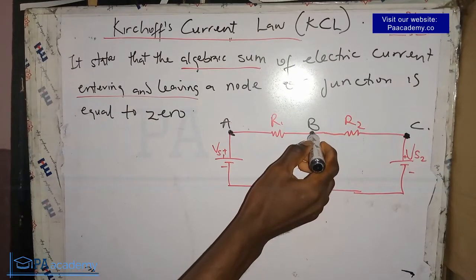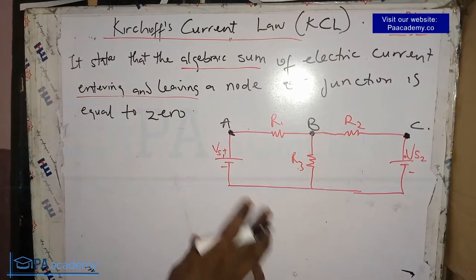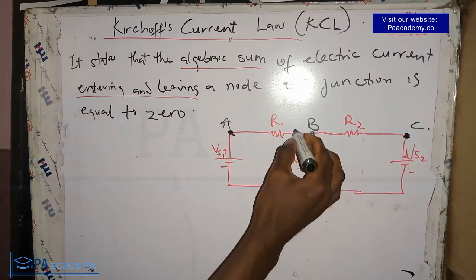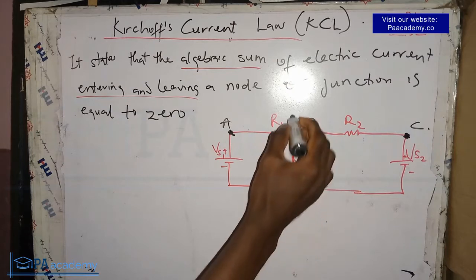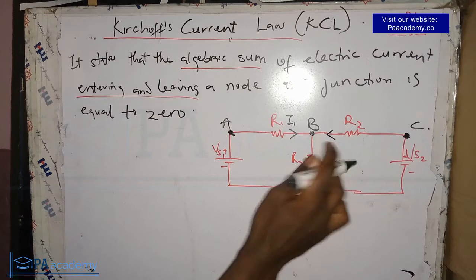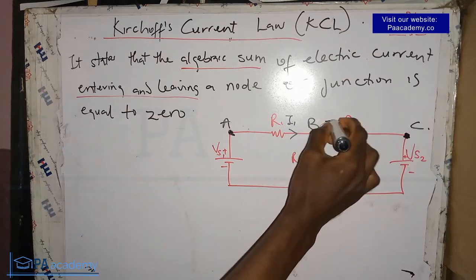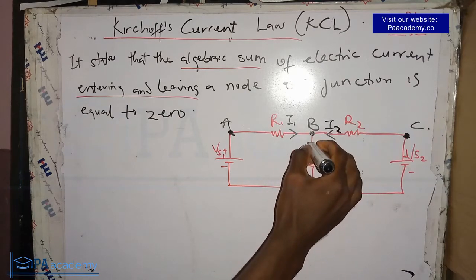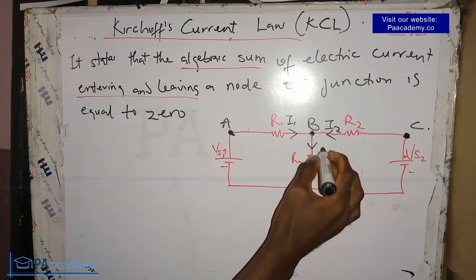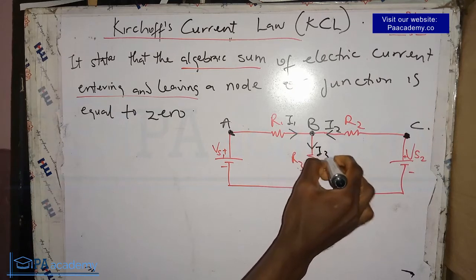So let's use this as an example. Let's say at this particular node we have a current entering like this. Let's call this current I1. We also have another current entering from this direction. Let's call this I2, and then we have another current leaving this node B. Let's call it I3.